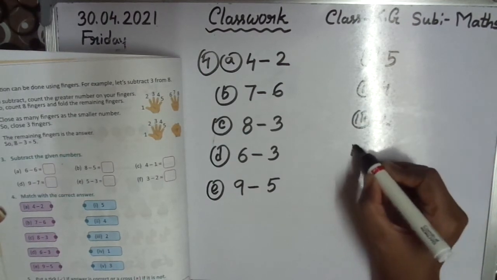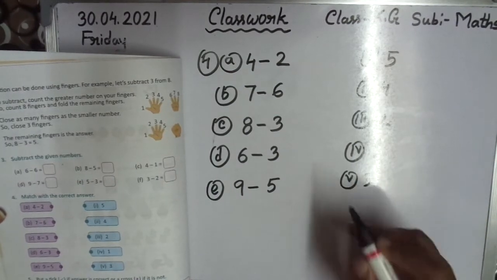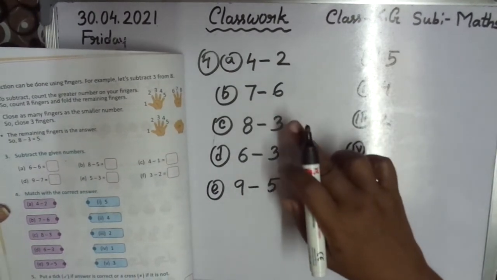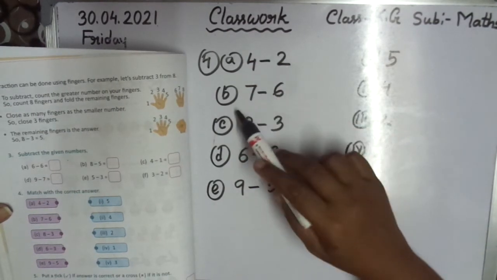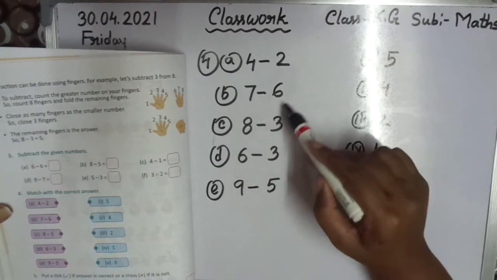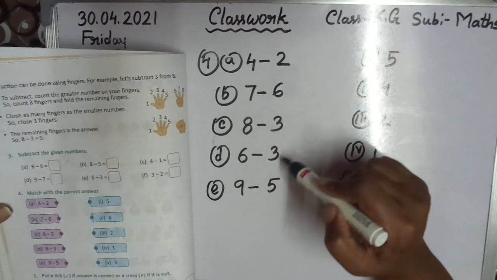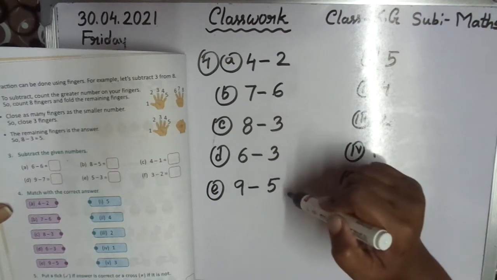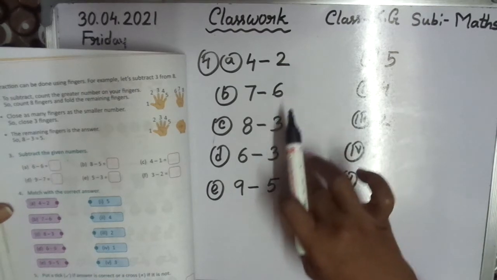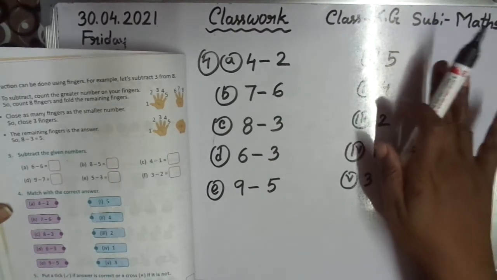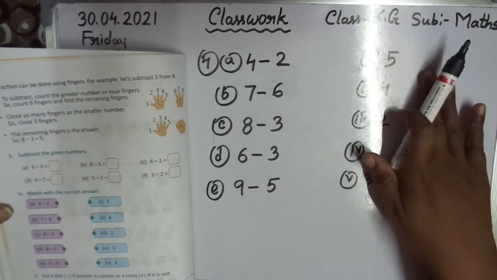2, 4, 1, 5, 3. See children, left side question: A 4 minus 2, B 7 minus 6, C 8 minus 3, D 6 minus 3, E 9 minus 5. Your question, okay. A, B, C, D, E. And right side you see the answers.